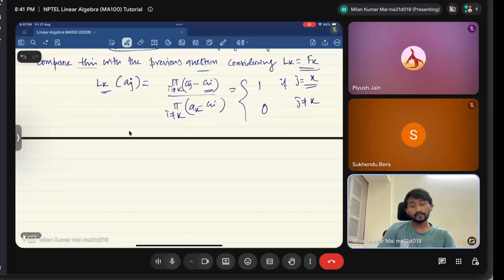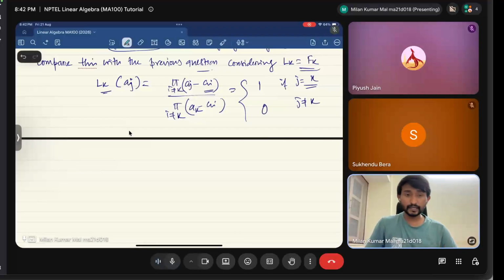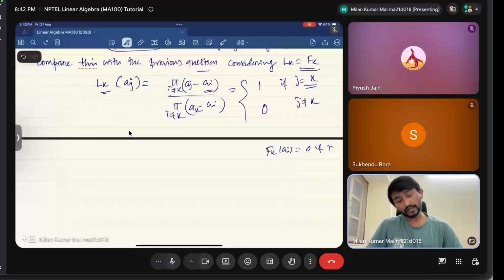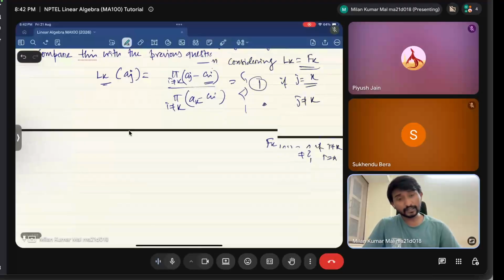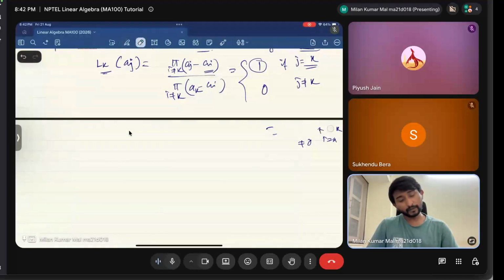Here Lk(aj) is 0 if j is not equal to k, and 1 if j equals k. Recall that Fk at the point ai equals 0 if i is not equal to k, and if i equals k it was just nonzero; nothing was given, but here we are getting 1. So these polynomials clearly belong to the previous class.